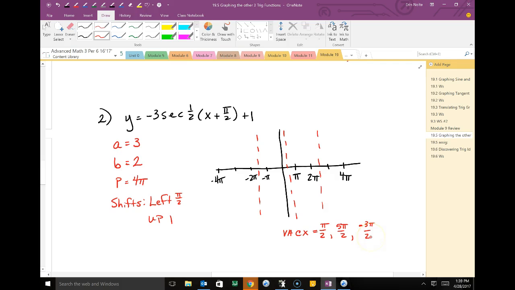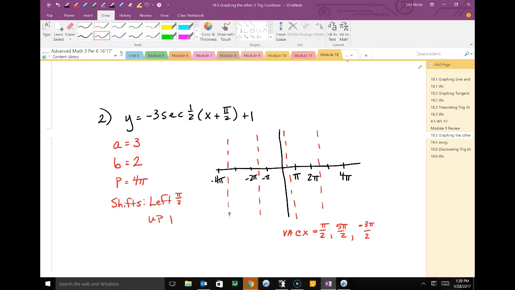Is everybody okay with where I'm getting these numbers? Yes. Okay. If you're struggling, let me know because I can explain it. Okay, let's talk about the y part.